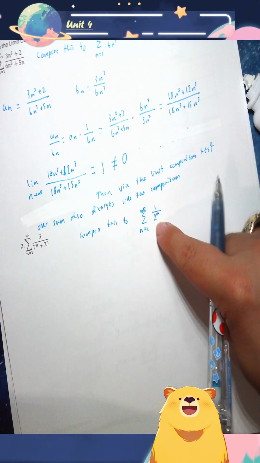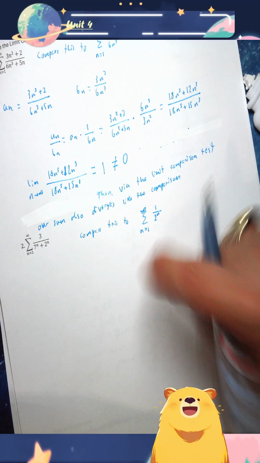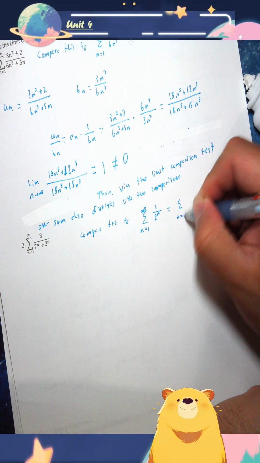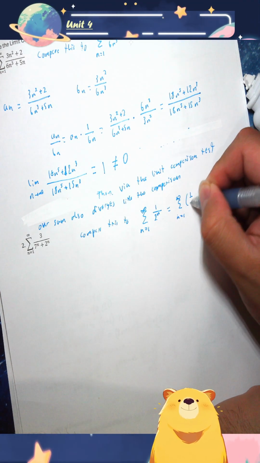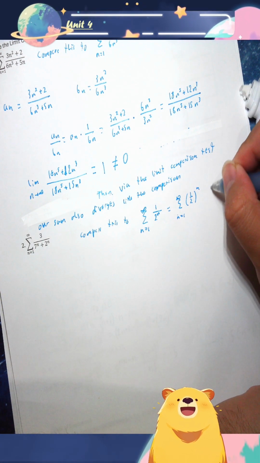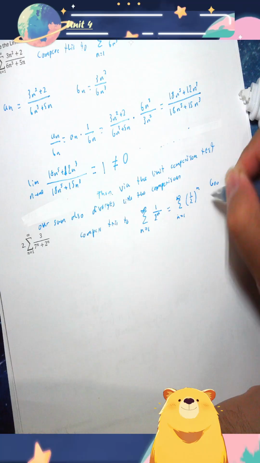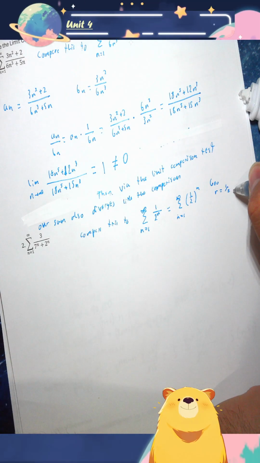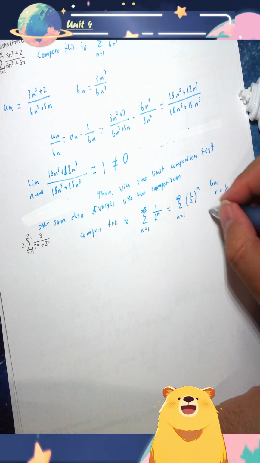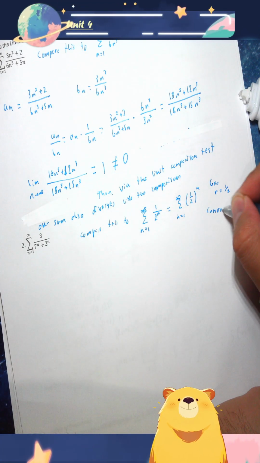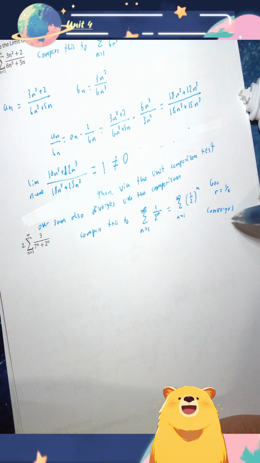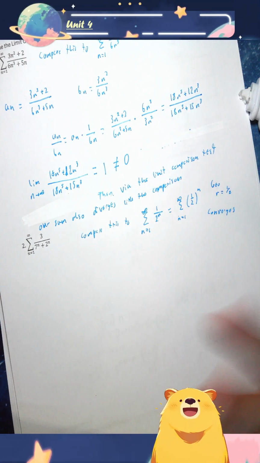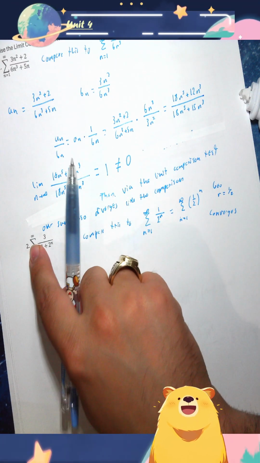Okay, now 2 to the power of n, that's just a geometric series because you can rewrite it as this, and we know that's geometric, and because r is less than 1, that means this sum converges. So now the goal is that if this quotient is an L that is non-zero, then this guy also has to converge.